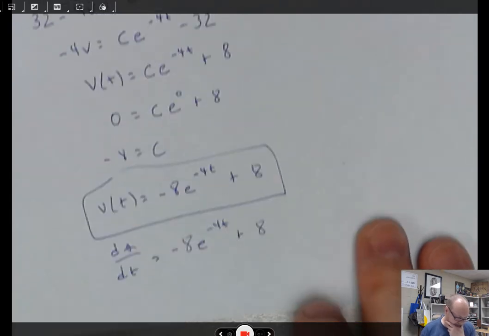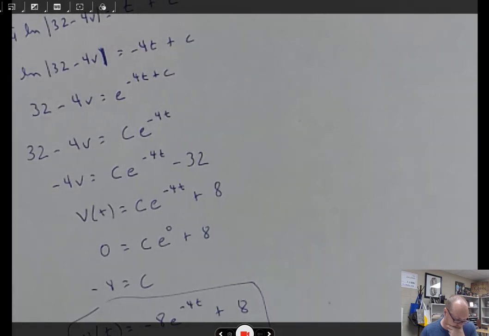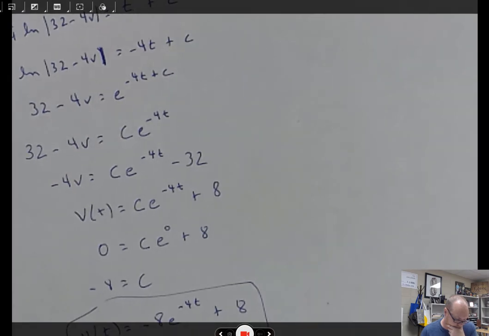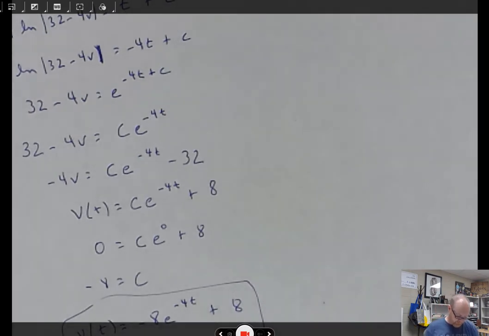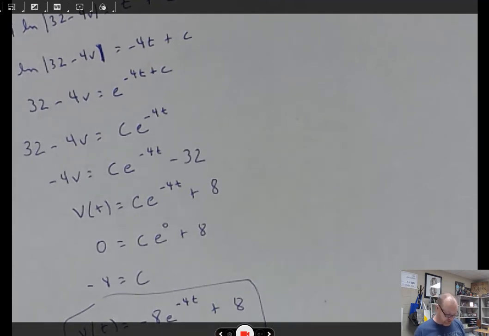I've got a constant there, and I'm not seeing anything unless y'all do. Let me look at where I've worked this problem previously. I'm not seeing anything in there with an initial condition for position.